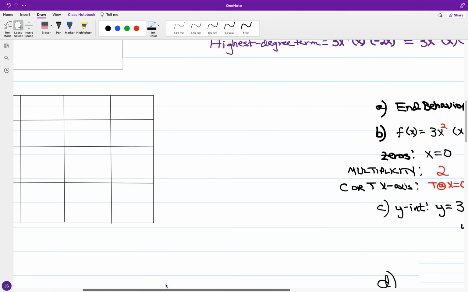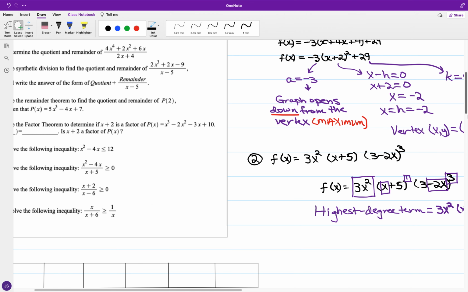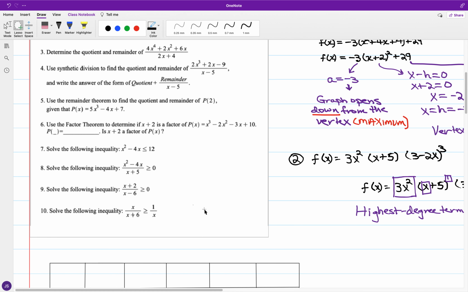Let me make sure I got all of that. For number 5, I believe it was asking for just the quotient and the remainder. Yep, it says to find the quotient and the remainder.